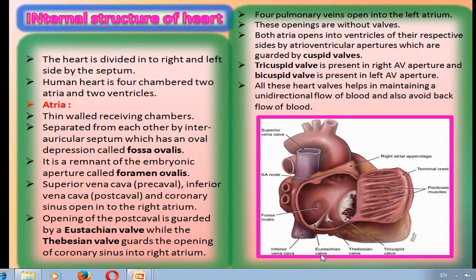Here, this is the eustachian valve, by which the opening of the postcaval is guarded. That means the opening of the postcaval, the inferior vena cava, is guarded by a flap-like structure. This flap-like structure is called the eustachian valve.